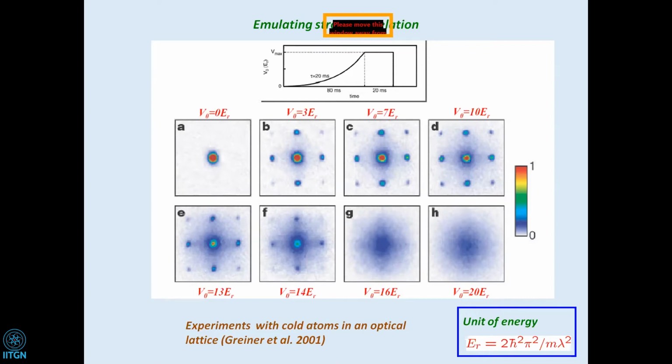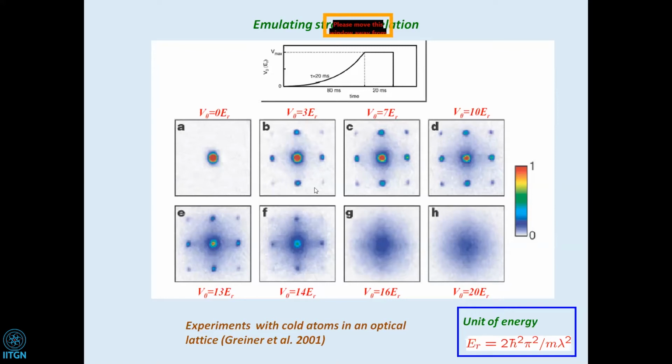So if you take the projection of this atom on a 2D screen, the position of the atom on the screen is a reflection of the velocity of the atom before you drop the trap. If the screen is right here and the atoms come and hit the screen somewhere, the point at which it hits is determined by its initial starting velocity, because it's just free motion.